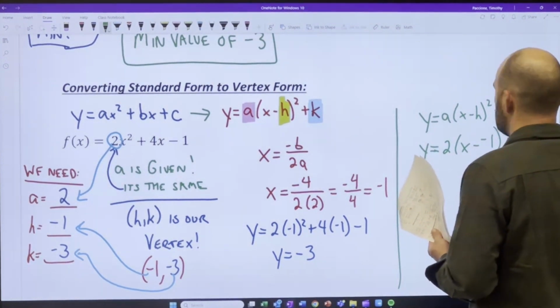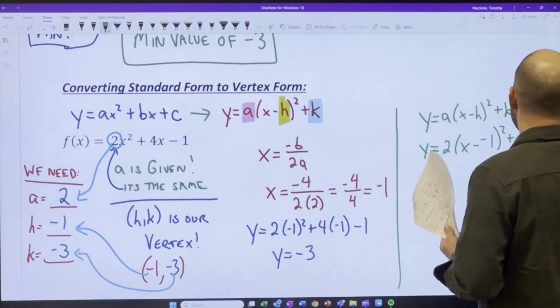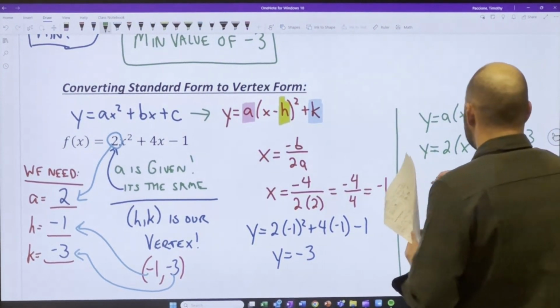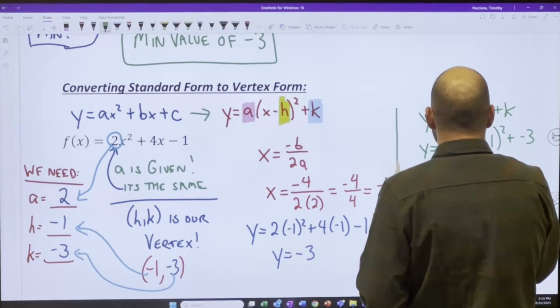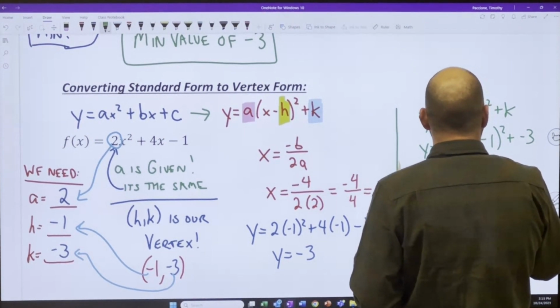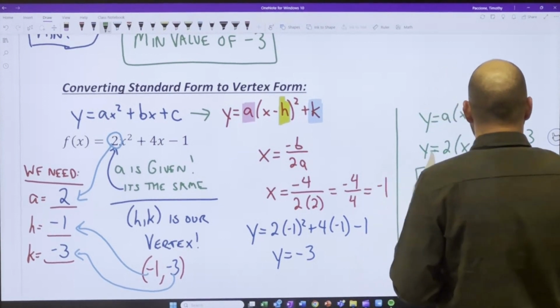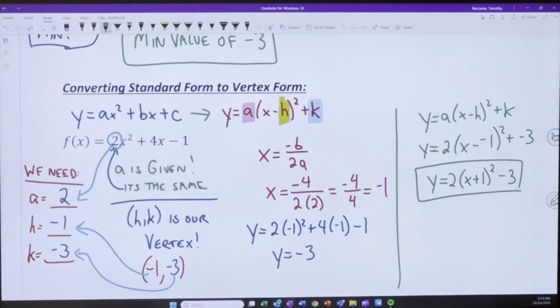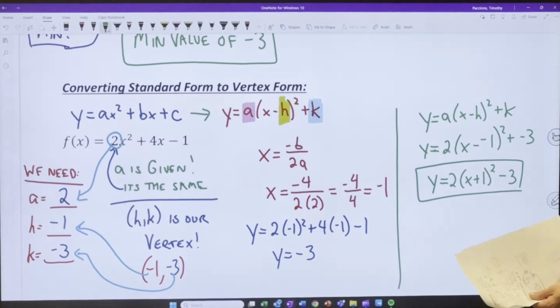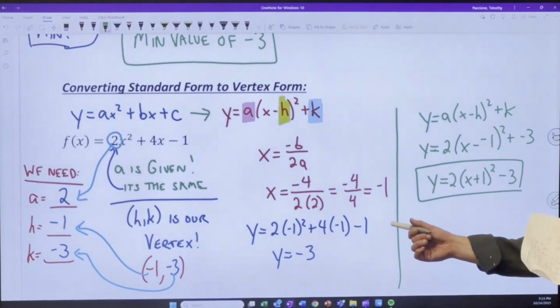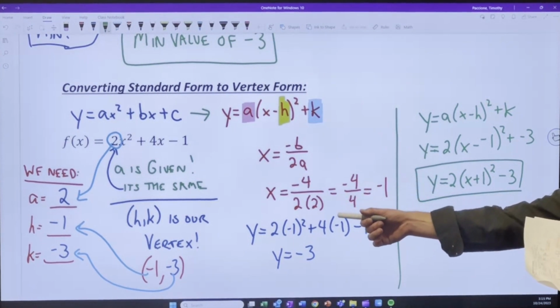We're eventually going to make it +1 if you want to just do that. And then plus my k of -3. Yeah, we do want to clean this up a little bit. This would turn out to be y equals 2 times x plus 1 squared minus 3. And there we go. We've converted to vertex form from standard form. Okay? Now there's another way to do this called completing the square that we're going to learn that you might prefer. A lot of people get confused by that and just prefer this because you can just find your pieces and plug them in. Okay?